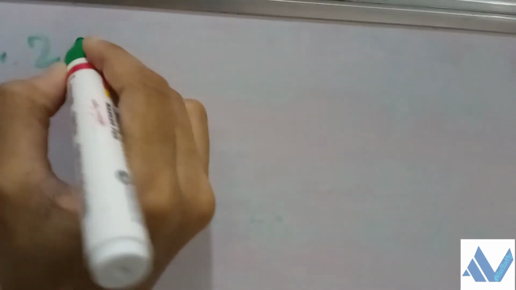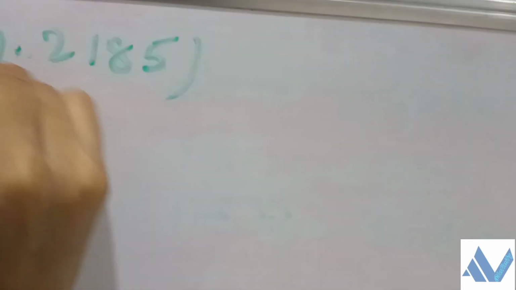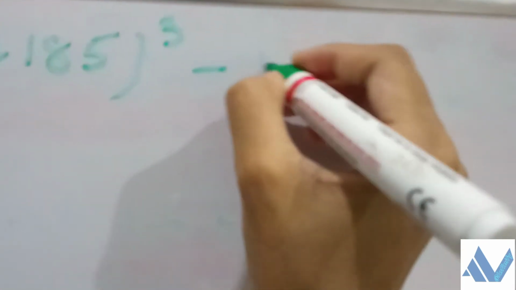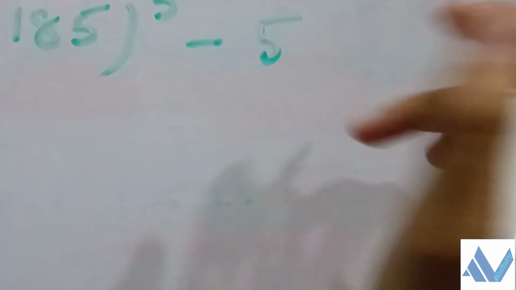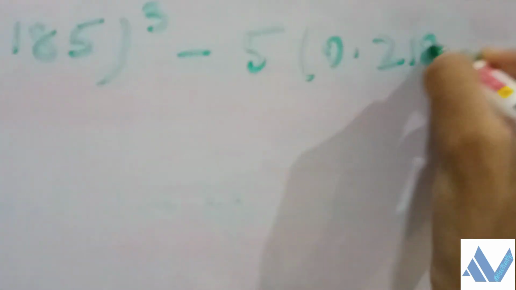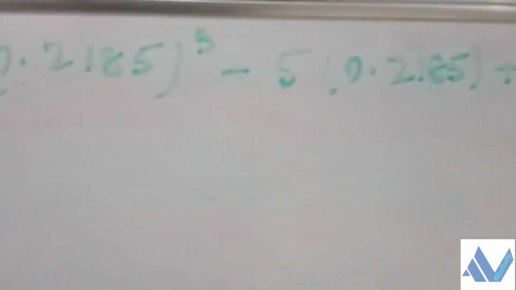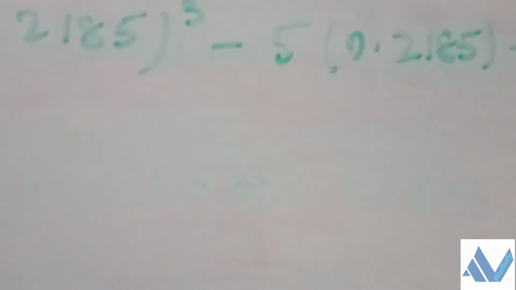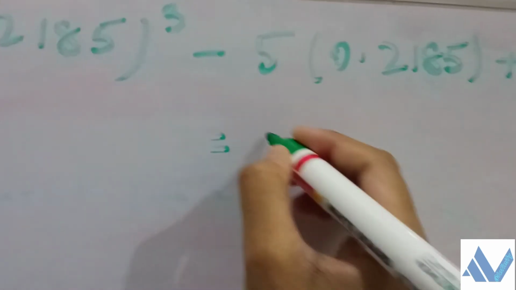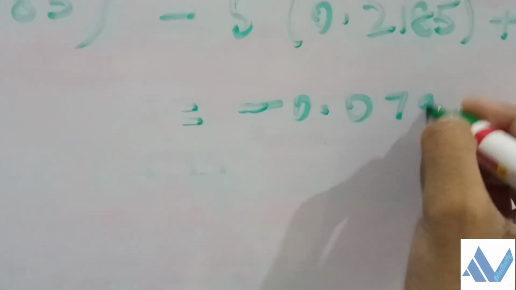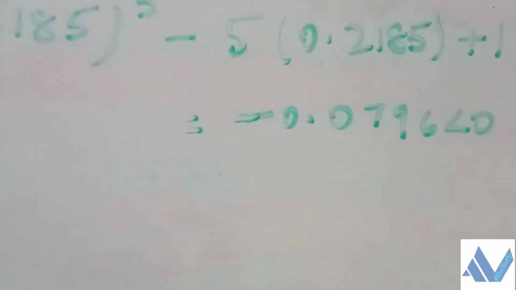So the x5 value 0.2185 we substitute in the equation, the whole cube minus 5 of 0.2185 plus 1. So we get the value minus 0.0796, less than 0.